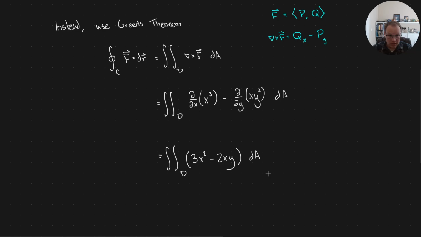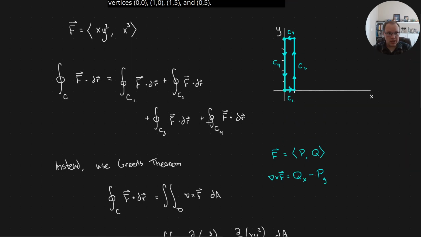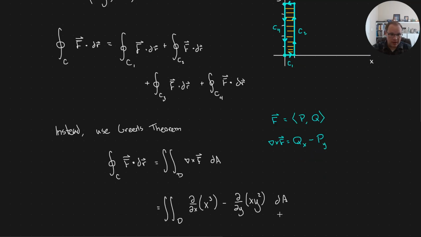This is just a double integral. Okay, so I could slice it up either in the vertical direction or the horizontal direction. Maybe I'll do it in the horizontal. If I slice it up this way, that means I'm letting x change and holding y fixed.